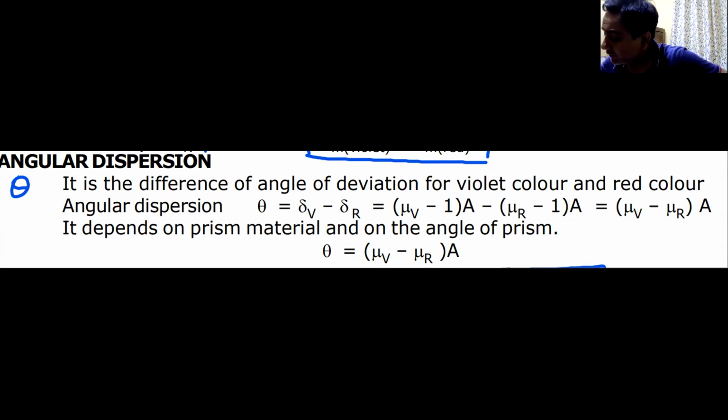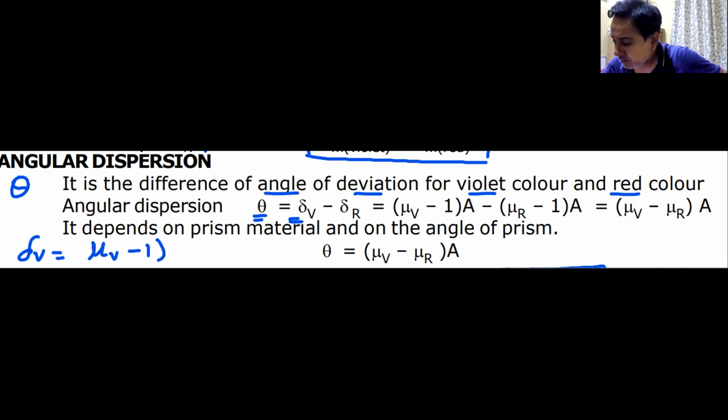It is the difference of the angle of deviation for violet light and red light. So this theta is delta V, the deviation in violet, minus delta R, the deviation of the red light. Now you can put the formula for delta V. Deviation for the violet light will be mu for the violet light minus 1 multiplied by A. Do we understand this?